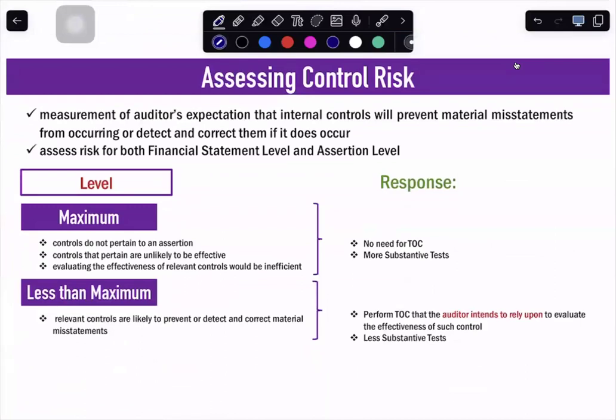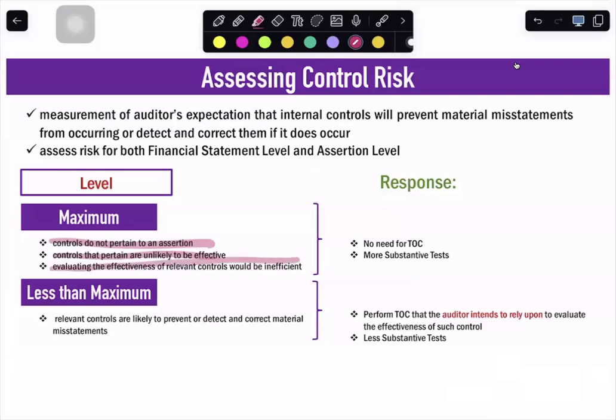Now, assessing control risk. After we understand, we need to assess the control risk, whether it is at maximum or less than maximum. So, when can we say that we place a maximum level of control risk? If controls do not pertain to an assertion, so there's an assertion and there's no control to it. Or controls pertain to it, but it is ineffective.